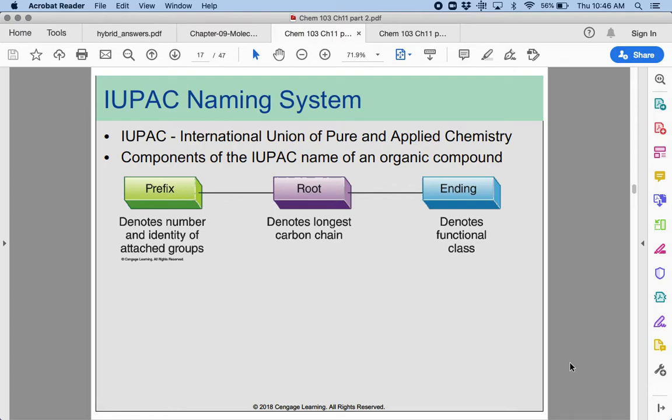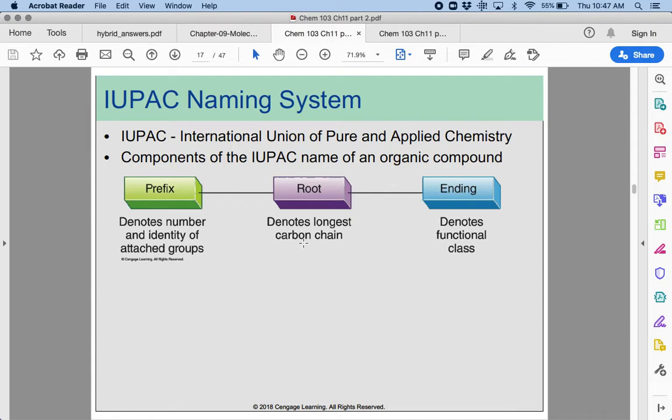There are 3 parts to naming an alkane, A-N-E, in the IUPAC naming system: a prefix, a root, and an ending. The prefix will denote the number and identity of each group attached. We'll talk about what that means. The root is the easiest part. This is the longest chain of carbons that you can make, where I don't lift my finger.